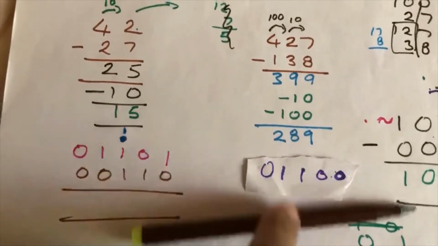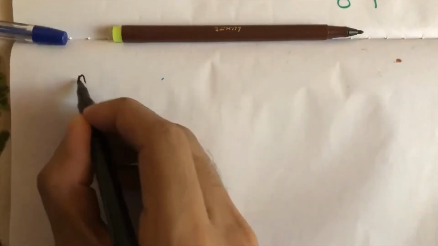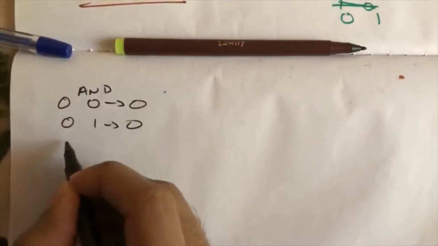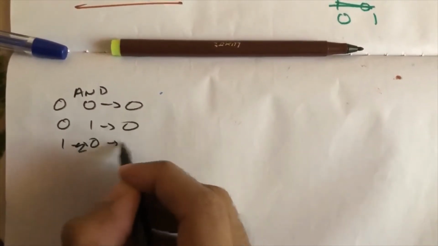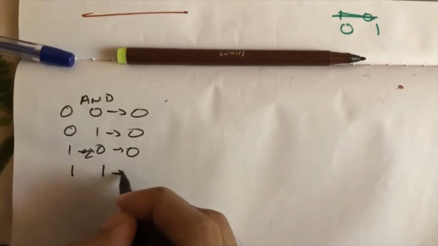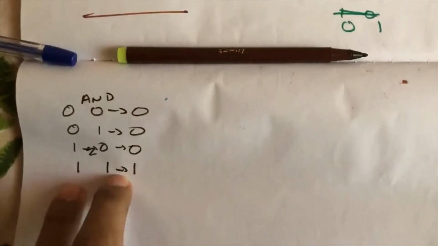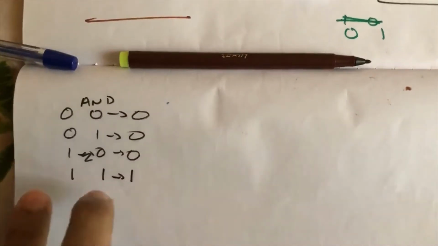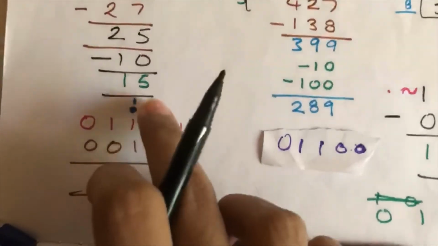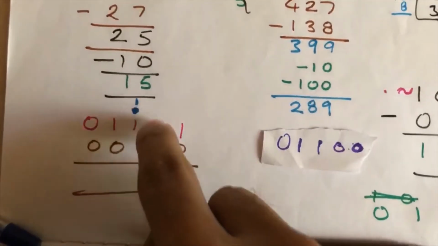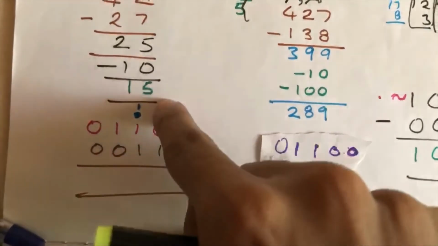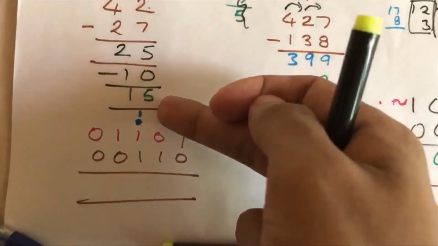What is the truth table of AND? 0 and 0 gives 0, 0 and 1 gives 0, 1 and 0 gives 0, only 1 and 1 gives 1. That's exactly the meaning of AND. Only if both are 1 will you get 1. That is what we want here.